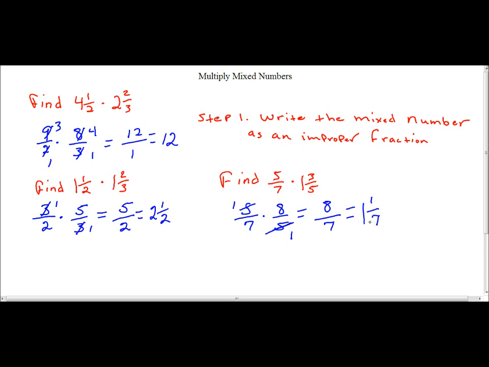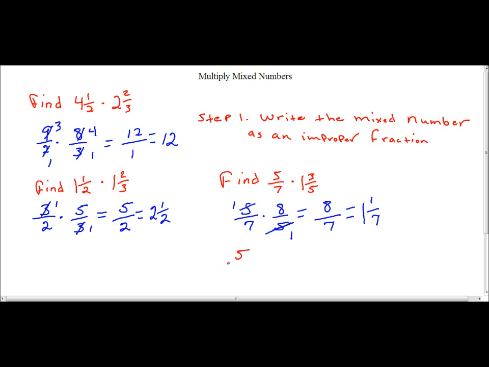And let me check to make sure I did this exactly right. That's 5 over 7, and that's 8 over 5. 5 times 1 is 5 plus 3 is 8 over 5. 5 cancels out. And that gives me 8 over 7. I'm going to work this here because I'm seeing some discrepancies.